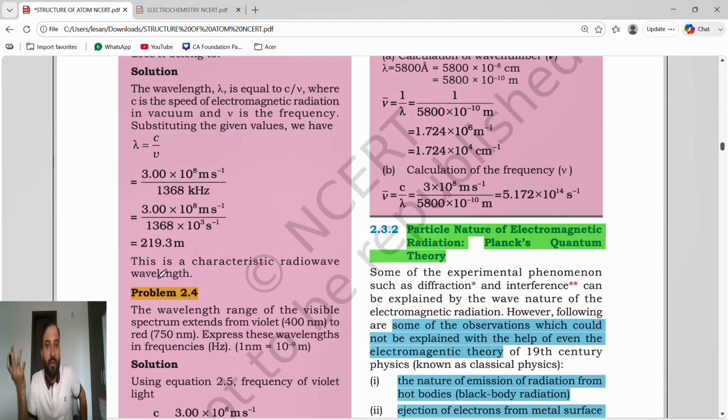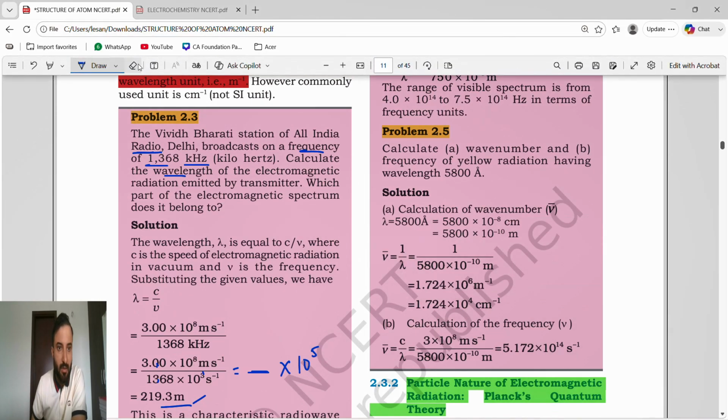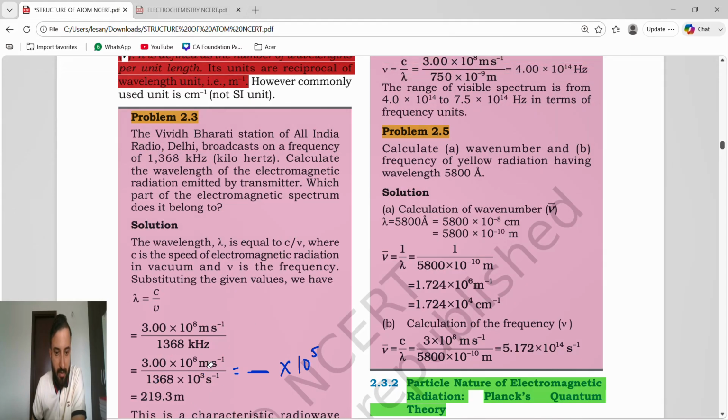To solve this, divide, and you get 10 to power 8 minus 3, that is 10 to power 5. Then just use the scientific notation and you will get the answer. So problem 2.3 is done and I hope it is crystal clear.